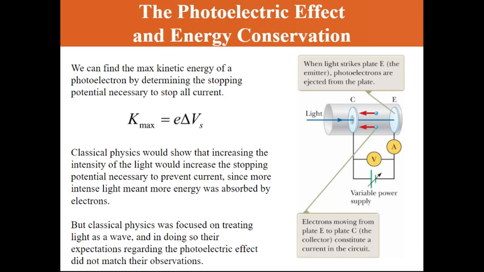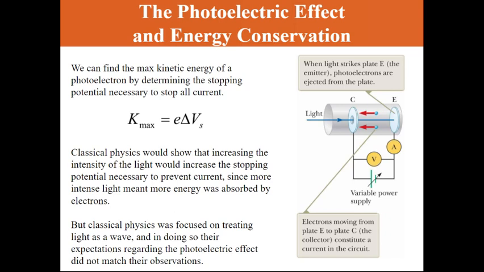Classical physics, which thinks of light as similar to mechanical waves, would have thought that if you increase the intensity of the light shining on the plate, that would provide the ejected electrons with more energy, and therefore you would need a bigger stopping potential. You would need a taller hill to stop all electrons from reaching the plate. They eventually found out that that wasn't the case.